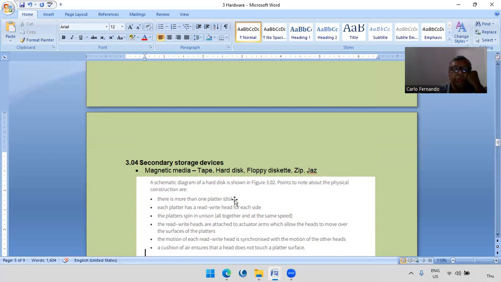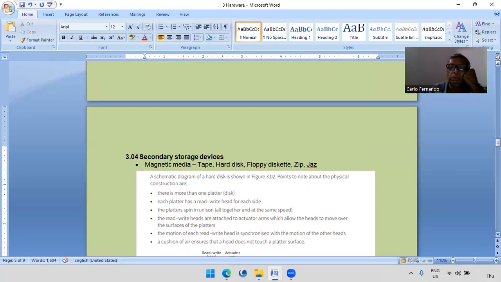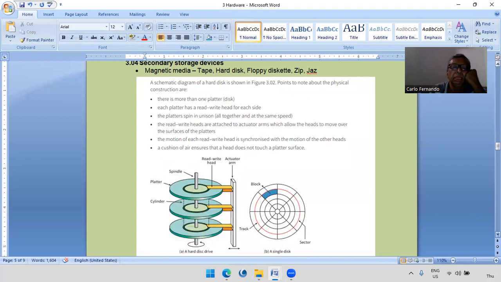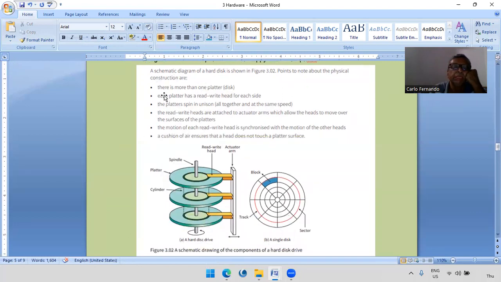A schematic diagram of a hard disk is shown in figure 3.02. Points to note about the physical construction: there is more than one platter. In this one hard disk there are three platters, three disks, three circles.